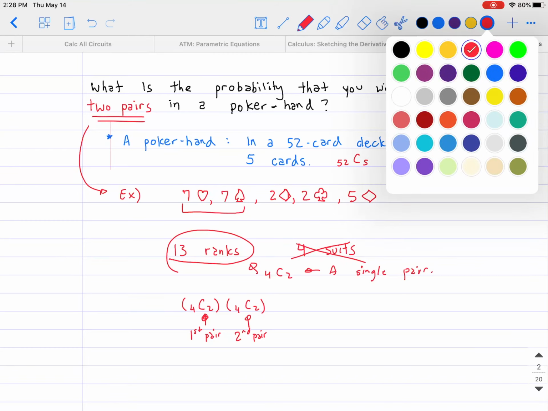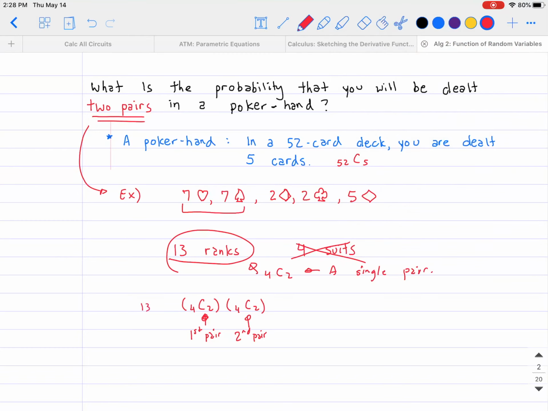So that means in front of this, there should also be a 13C2, because the way we describe it is, out of the 13 ranks, you select two ranks to make the two pairs.